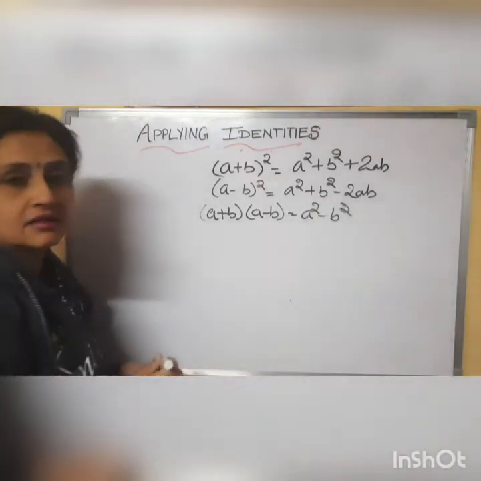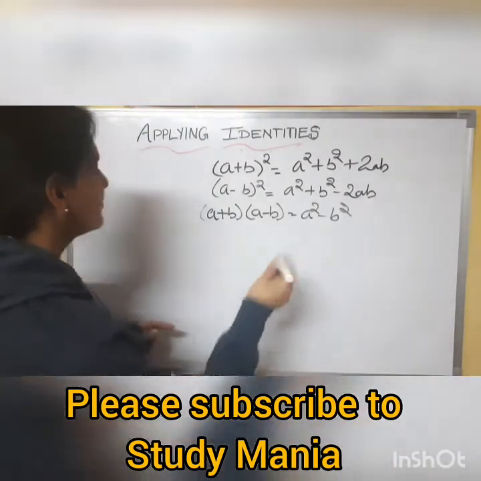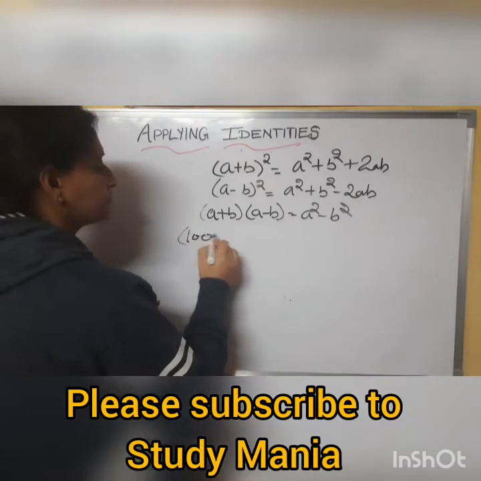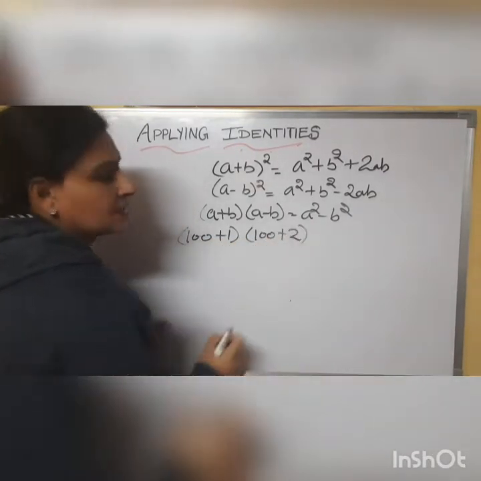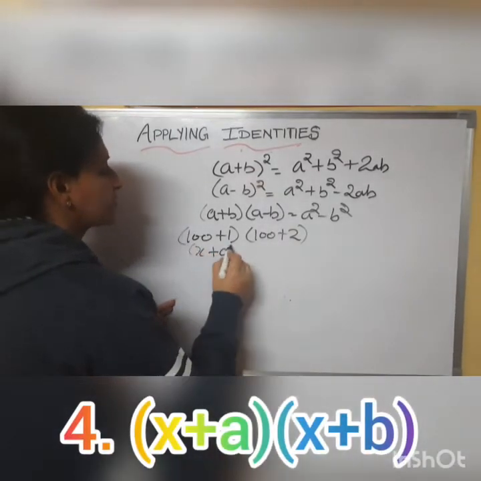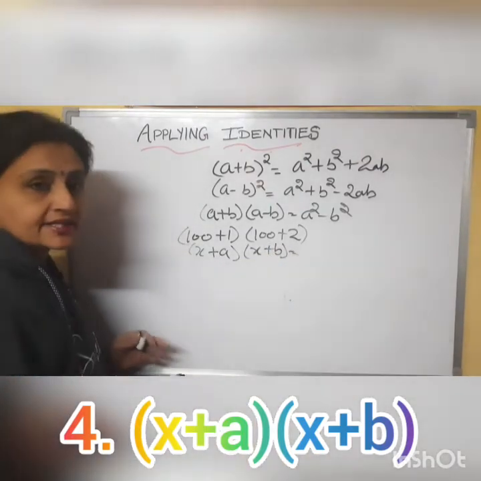And the other most frequently used identity, in other words, stands for (x plus a)(x plus b). Now what is the identity for this?